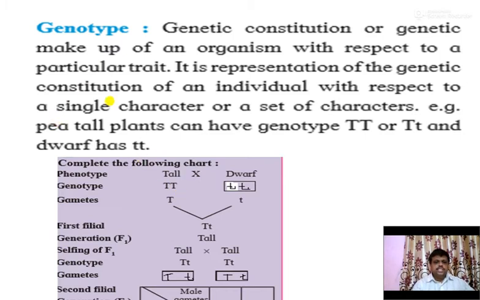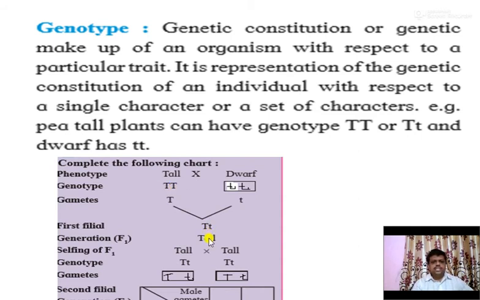Now this trait is tallness. This tall plant possesses two capital T. These two capital T indicate this plant is homozygous tall. So it is an individual possessing similar alleles. This T is dominant and this one is also dominant.